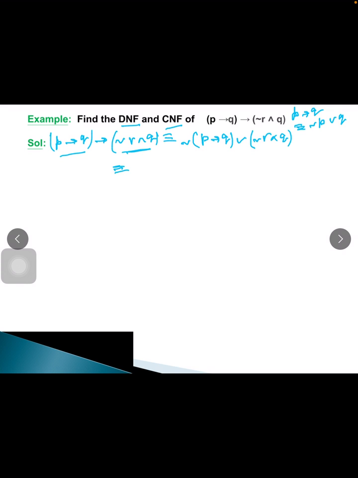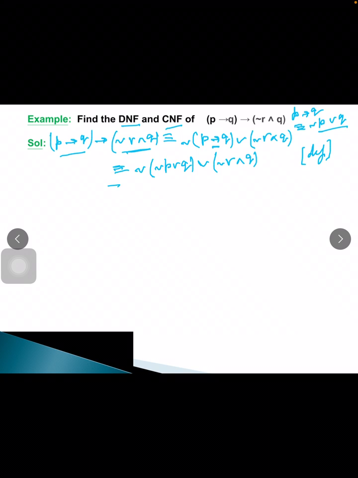So first we remove all these implications. Again we use the definition: P implies Q is the negation of P or Q. So we write this as the negation of P or Q, and this is the same negation of R and Q, clear. So this is by the definition.